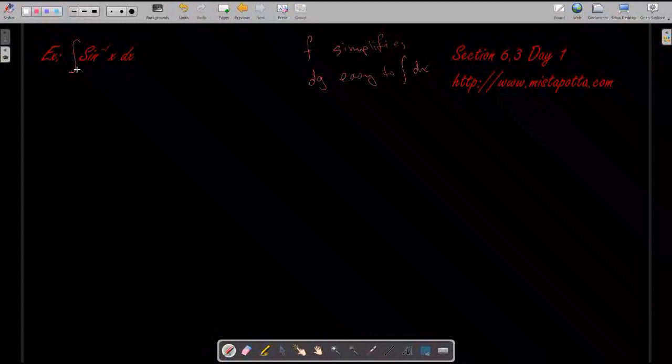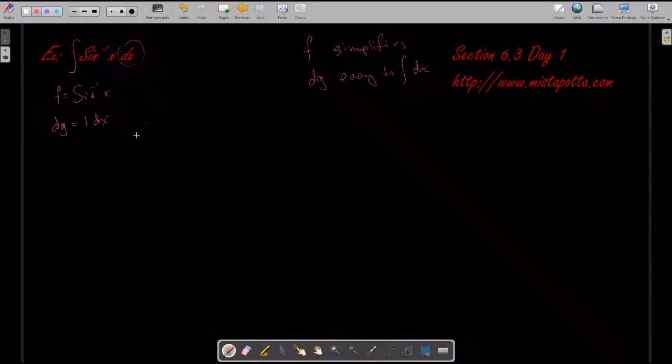So if I let f be sine inverse of x and dg be my 1 dx like it was in the previous problem, I can take the antiderivative of 1 and end up with x.